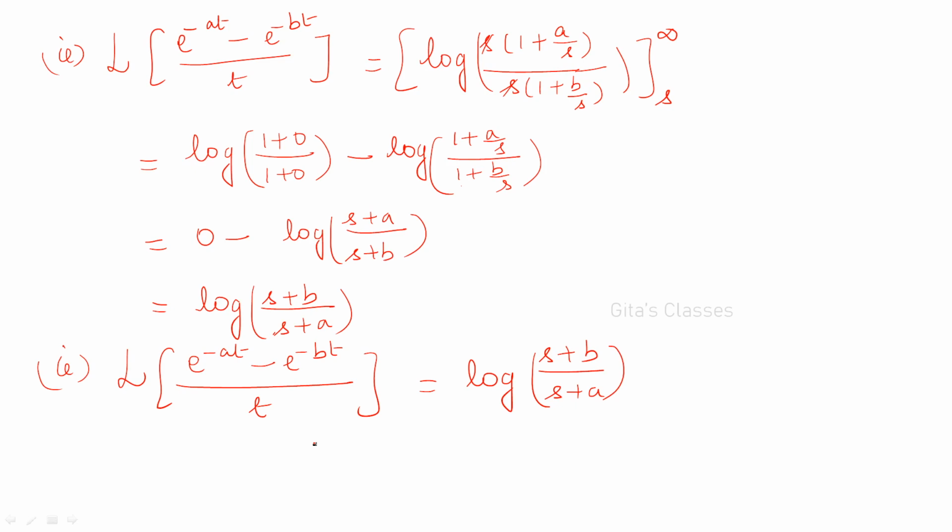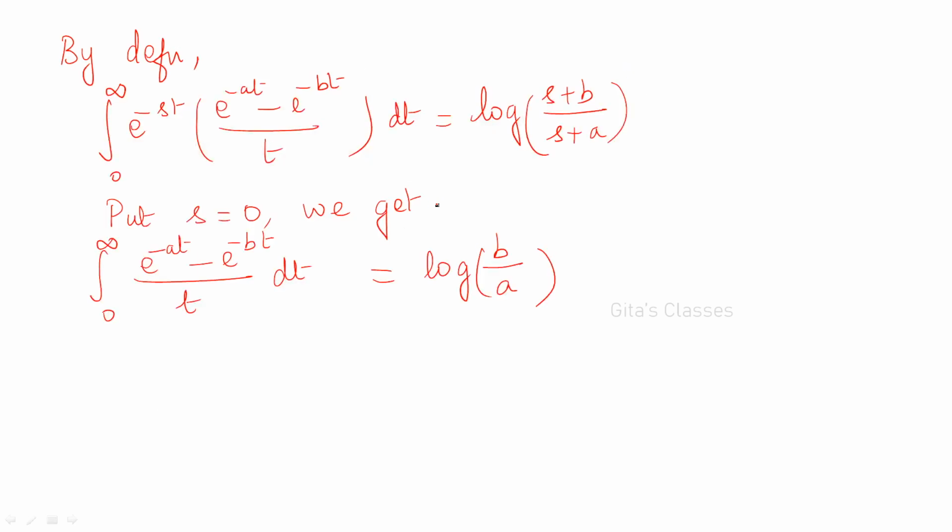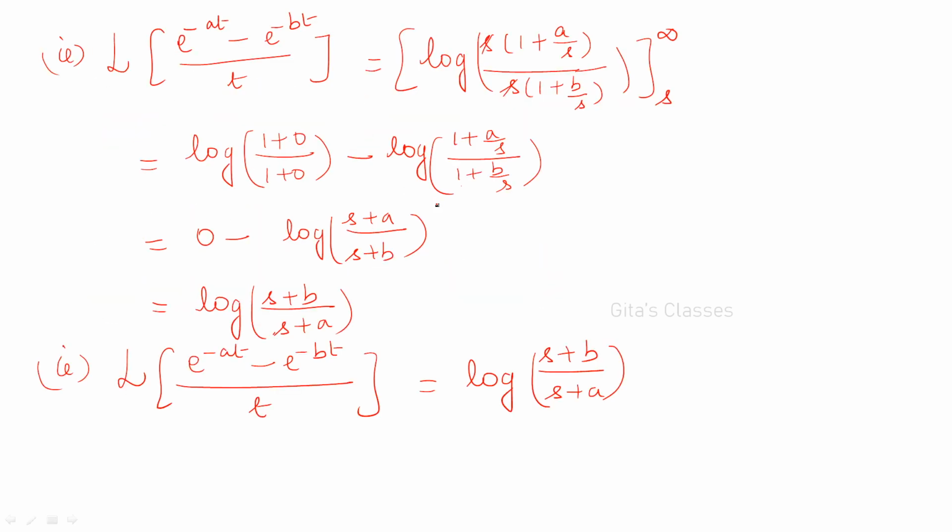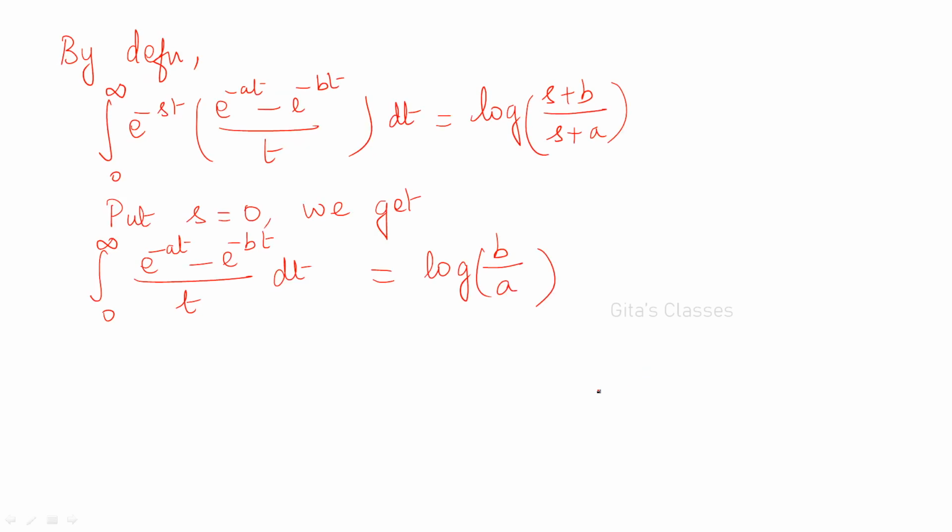So as we have done in the previous problem, this is again log 1, 0. See, by definition, this is log of, Laplace transform of (e power minus at minus e power minus bt) by t is equal to log of (s plus b) by (s plus a). I want to evaluate integral 0 to infinity.